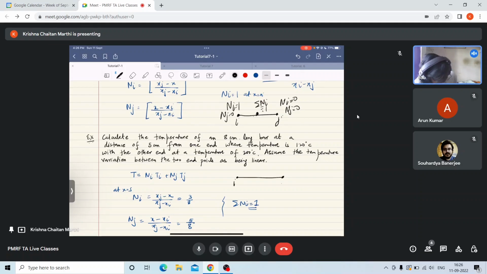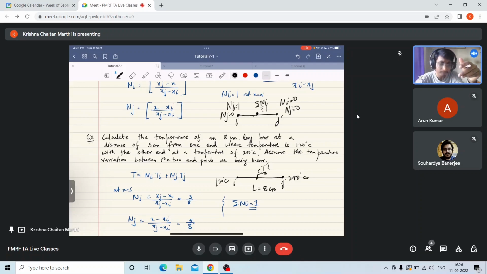Let this be my i point, this be my j point. So the total length is 8 centimeter. We need to find at the location 5 centimeter. So this location is 5 centimeter, and here we have to find the value of T. This is 120 degree centigrade and this is 200 degree centigrade.